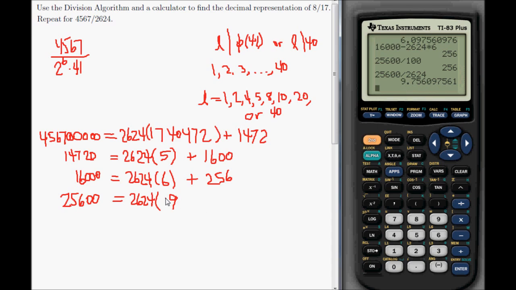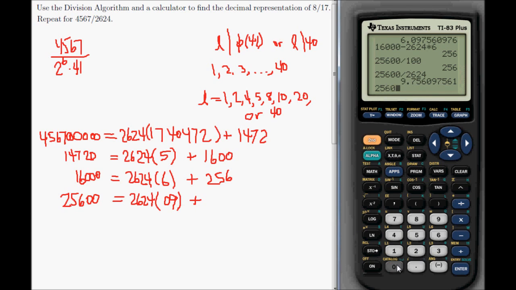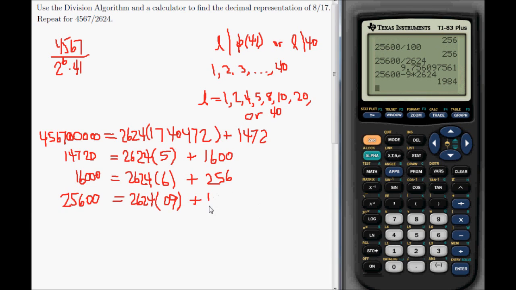And actually I'll put 09 here to remind me that I multiplied by 100 on this step. And the remainder is 1,984.